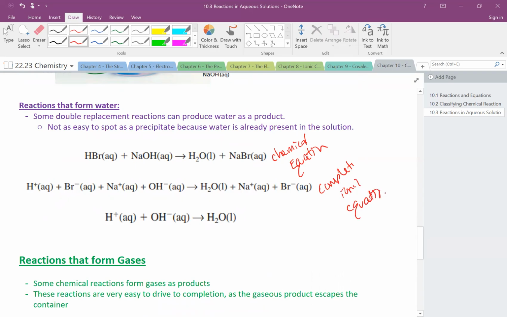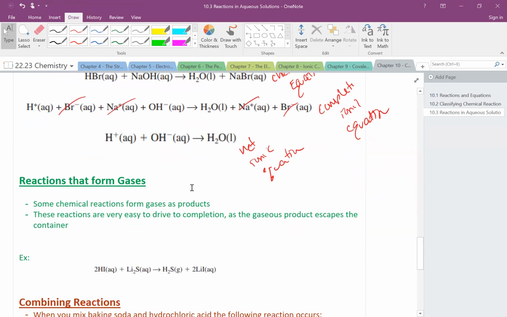It shows all the ions. And then if we cross out the ones that show up in both the products and the reactants, we cross out our bromide, we cross out our sodiums, and we're left with our net ionic equation, which is H plus combines with hydroxide, and it forms water, which is a liquid. So that's an example of a reaction that can form water.